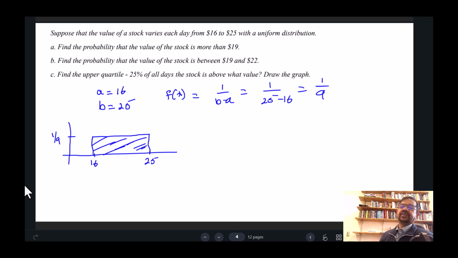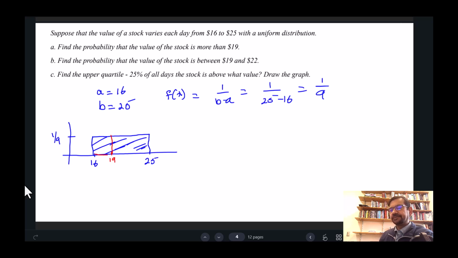So now the first question asks us to find the probability that the value of the stock is more than 19. So 19 would be somewhere here. We want to find the value which is more than 19, so it's to the right of 19. What we could do is find the probability that the value is less than 19 and subtract it, or we can just look at this interval.